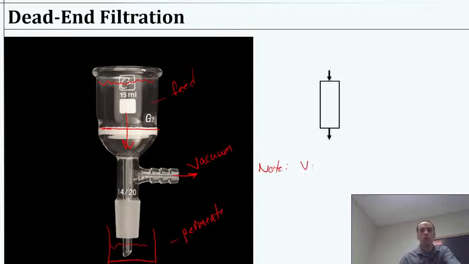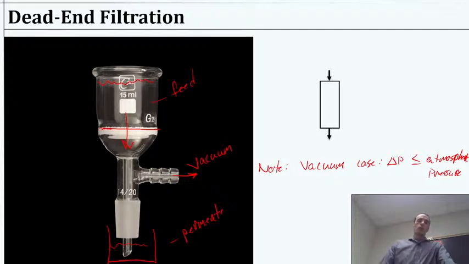For vacuum cases, the delta P is always going to be less than or equal to the atmospheric pressure. Okay, so that's another device you might see in a lab setting.